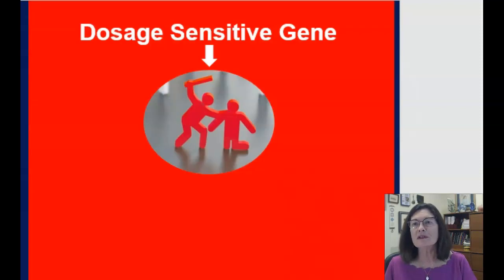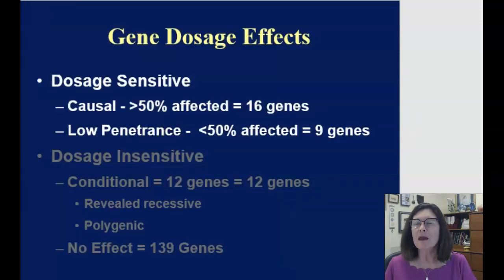What we want to focus on are the dosage-sensitive genes, the culprits that are the cause of the problems. And a lot of effort has gone into trying to determine which are which. That's a major focus of our research and has been since we first began. And we have divided those culprits, the dosage-sensitive genes, into 2 groups.